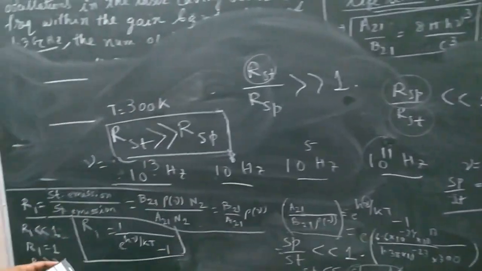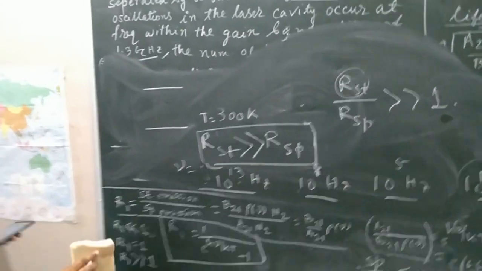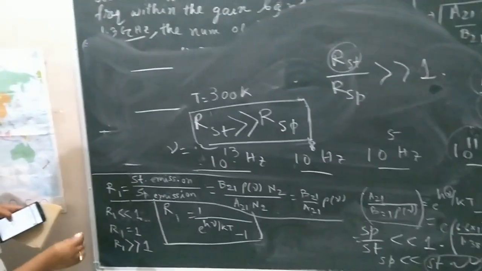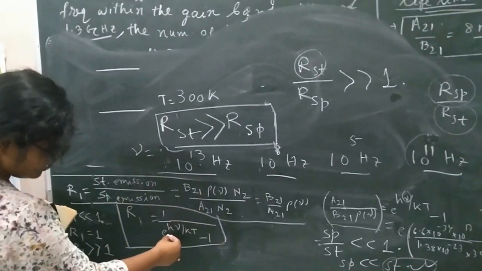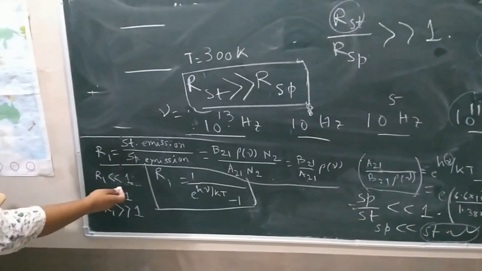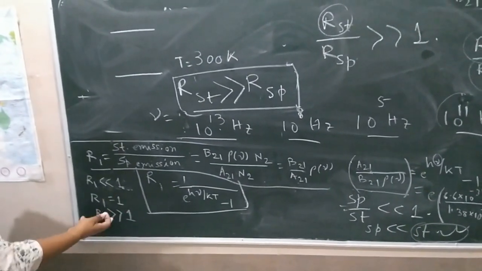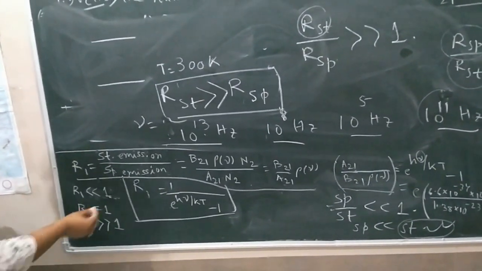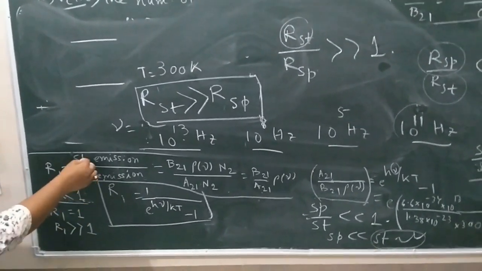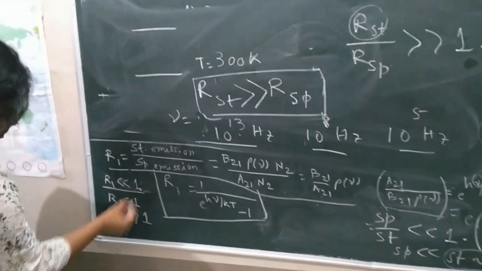So you have to remember three things here. If you are taking the ratio between the stimulated and spontaneous emission, the formula is 1 by exponential h nu by kT minus 1. It can be less than 1, equal to 1, or greater than 1. If this ratio is less than 1, then the stimulated emission will be greater than spontaneous emission.